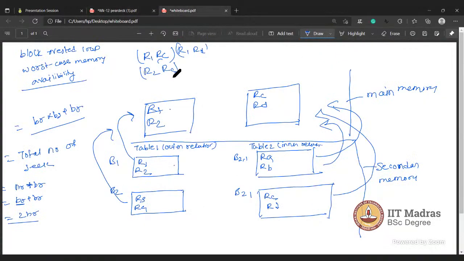Okay. So see, once a block is moved into the main memory, and the second block is also moved to the main memory.